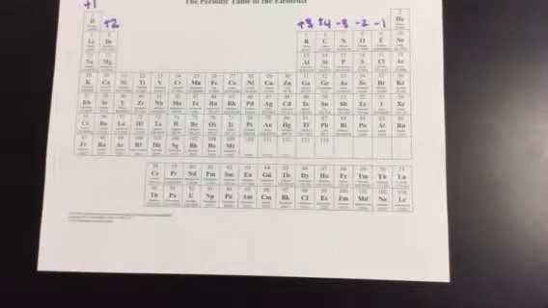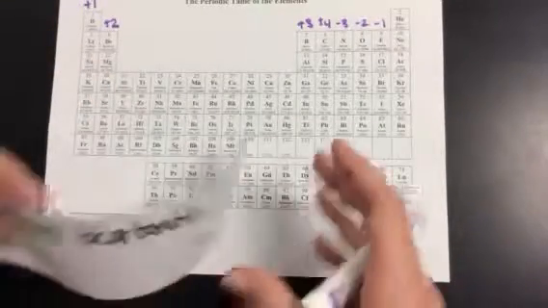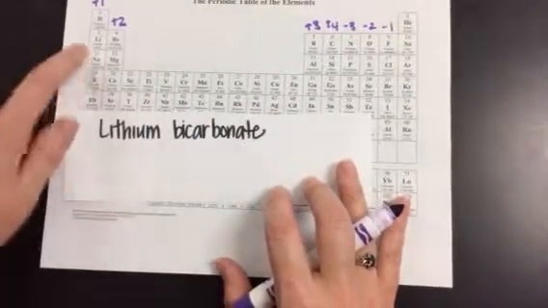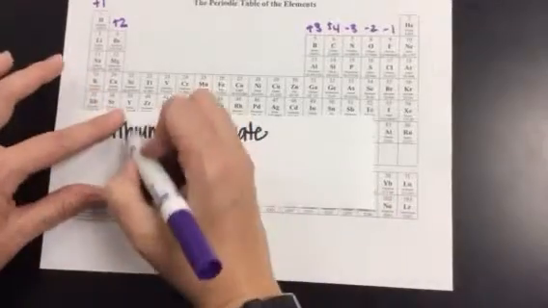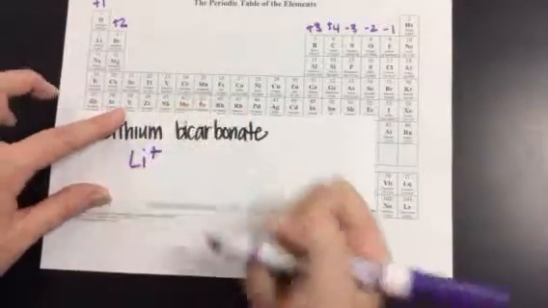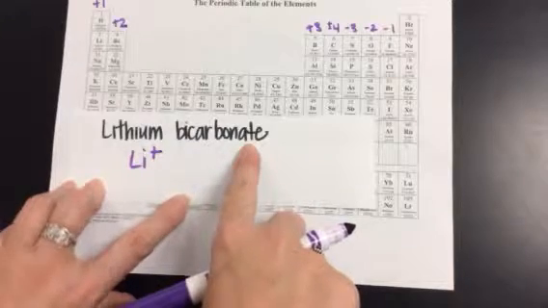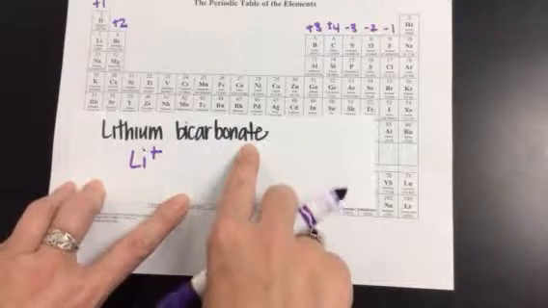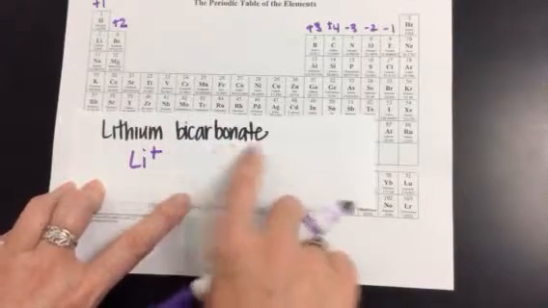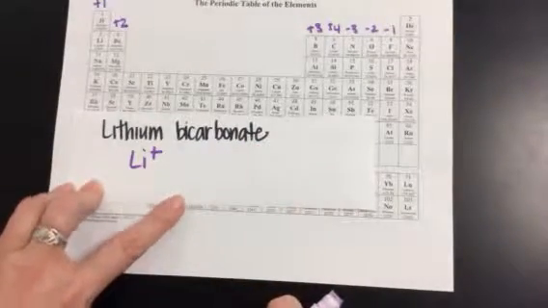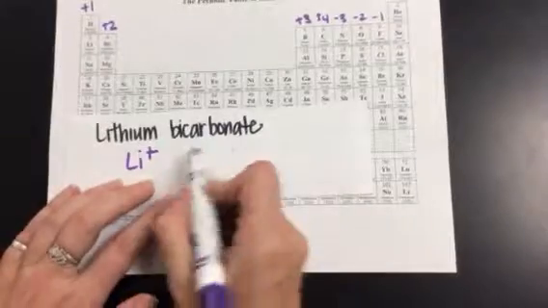Now this next one has a polyatomic ion with it. On this one I've got lithium back again. Lithium lives right here. It has a +1 charge. Bicarbonate ends in ATE, so it's usually a trigger for us to know that we need a polyatomic ion. This is one of them that we memorized in class, or you can look it up on your polyatomic ion chart.